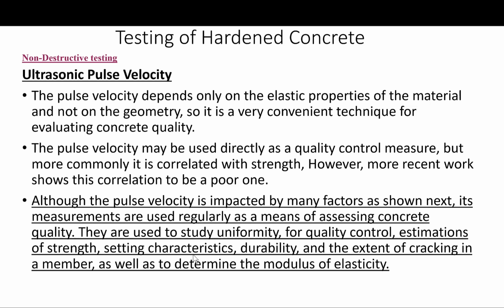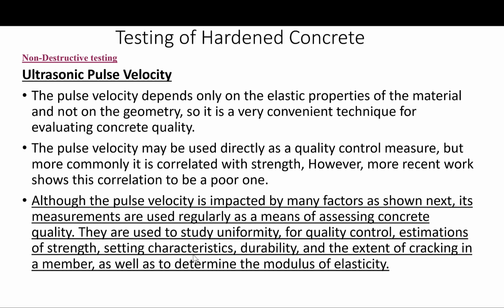Since the pulse velocity depends only, remember this, on the elastic properties of the material and not on the geometry, this is a very convenient technique for evaluating concrete quality. It has nothing to do with geometry; it's related to the elastic properties of the concrete.